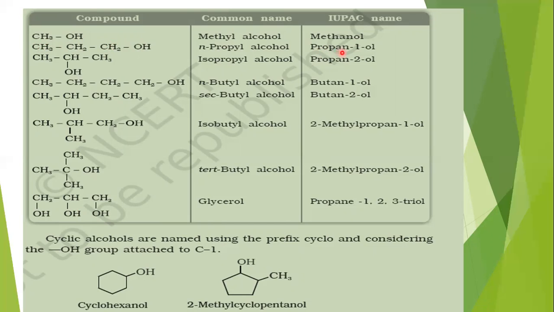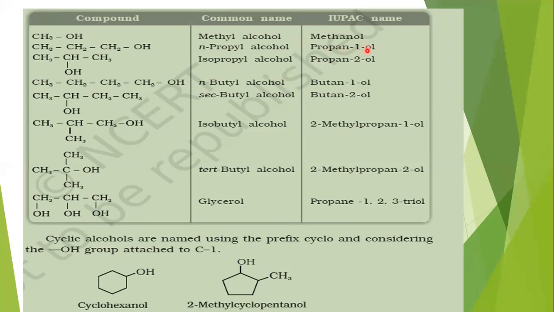Now propan-1-ol: the position of the OH group is at the first carbon, so that position is prefixed. Prefix means right before. Okay, this is propan-1-ol.